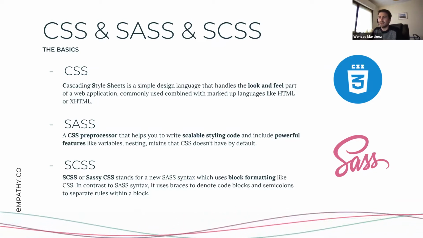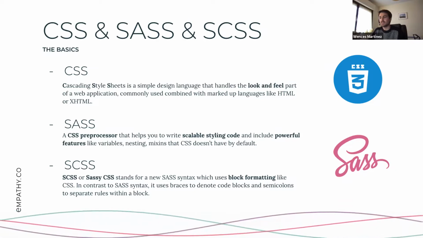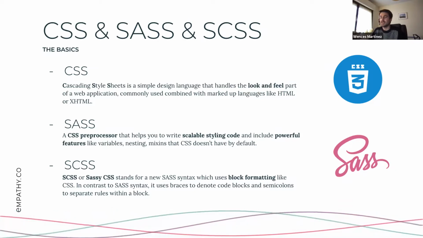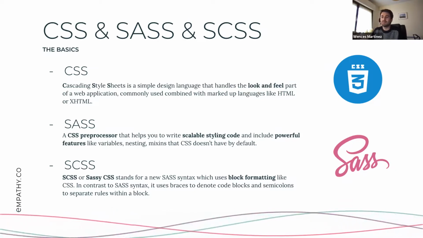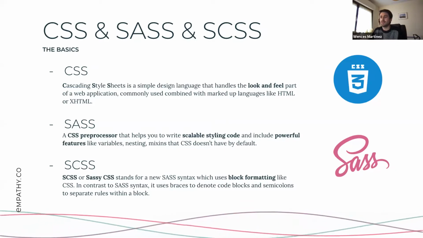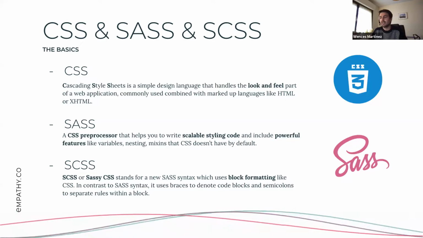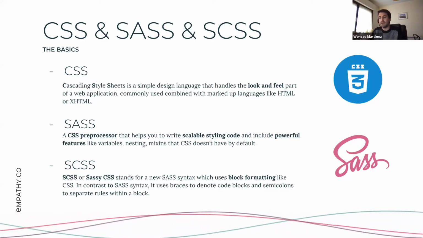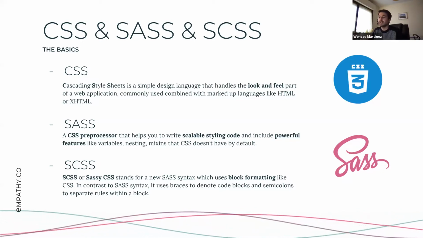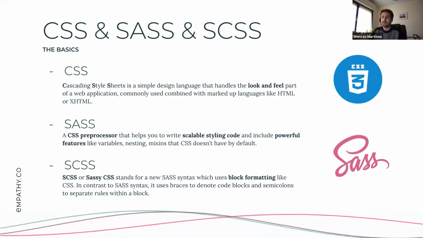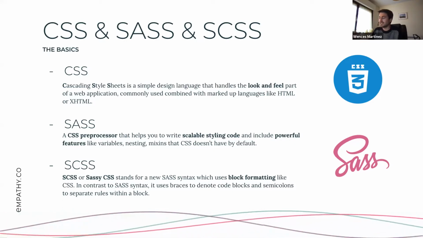SAS is a preprocessor language that is based on regular CSS, but it includes different, powerful features that CSS doesn't have by default. And we can have variables, nesting, and other features like mixins that we are going to see in a couple of minutes.